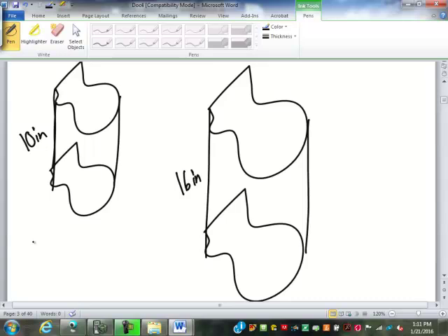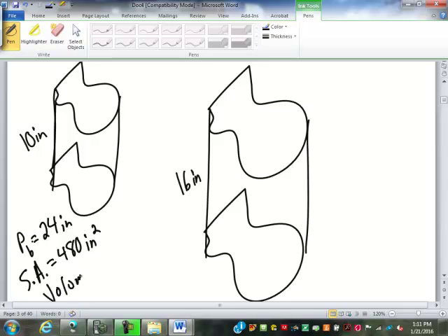This one here, I'm going to use these symbols. The perimeter of the base of this one is 24 inches. The surface area of this one is 480 inches squared.